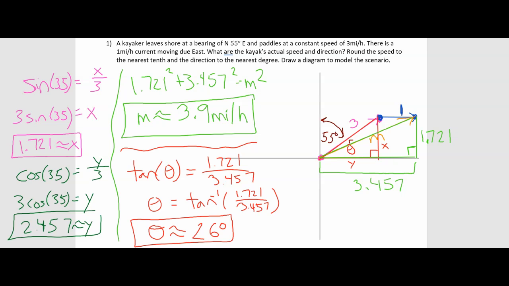So if they just wanted the direction and didn't say compass direction, that would be sufficient. However, I'm going to ask you to think about the compass directions as well. So again, two choices here because it's in the first quadrant. We can go north something east or east something north.